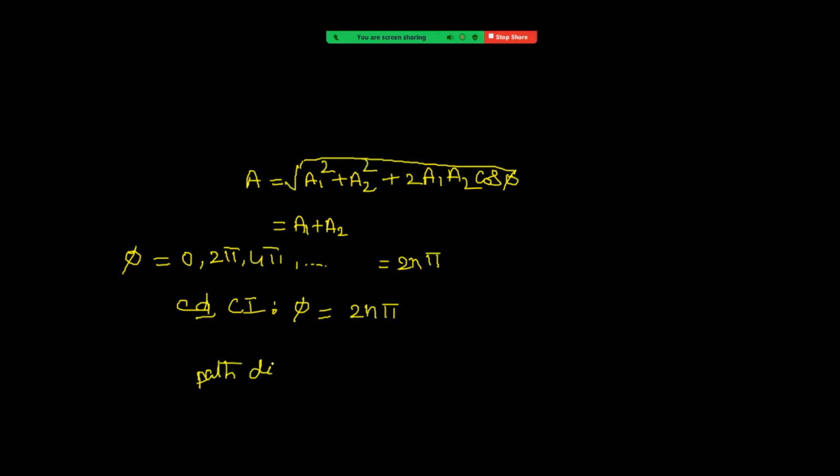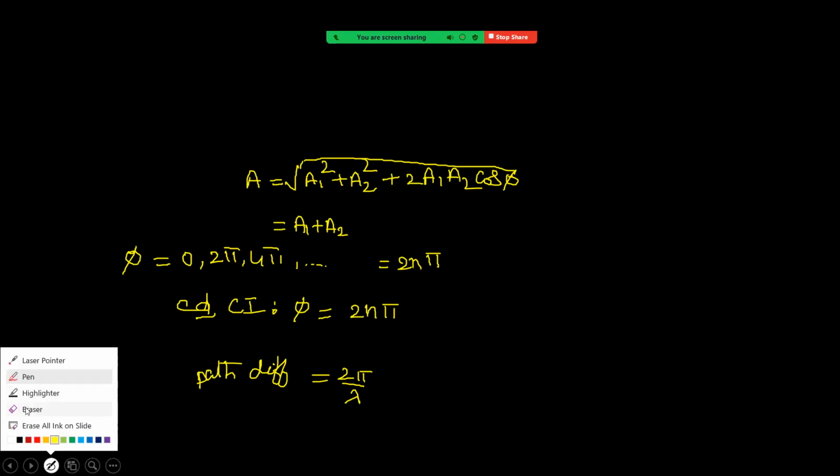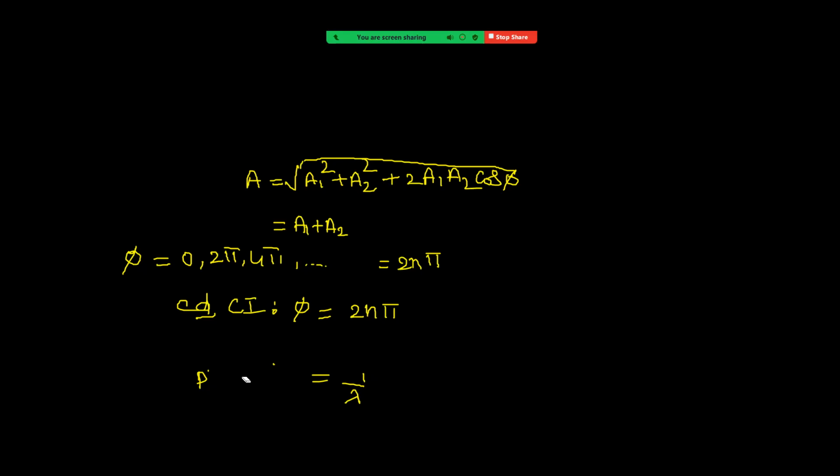So the path difference equals 2 pi by lambda into, just a minute. Before writing this, I will explain one point here.